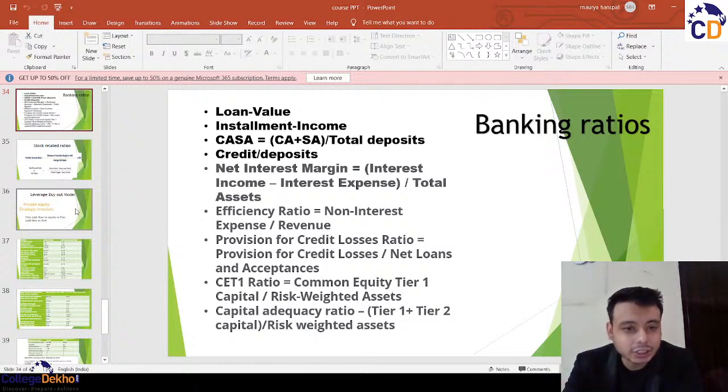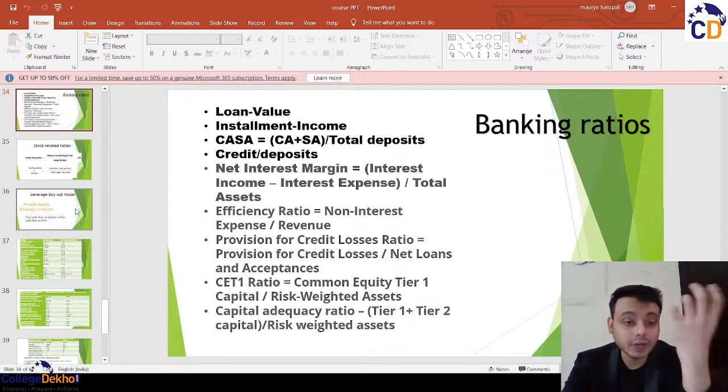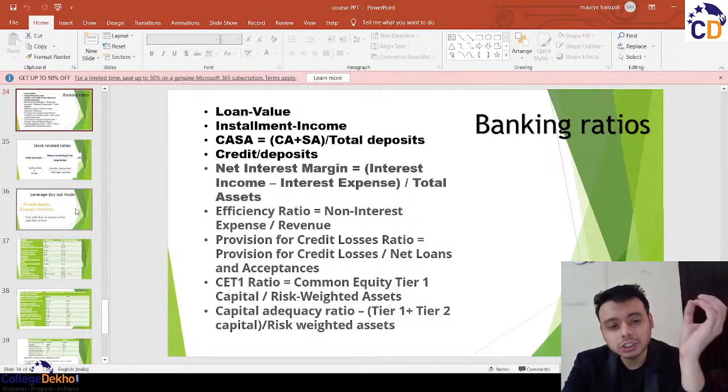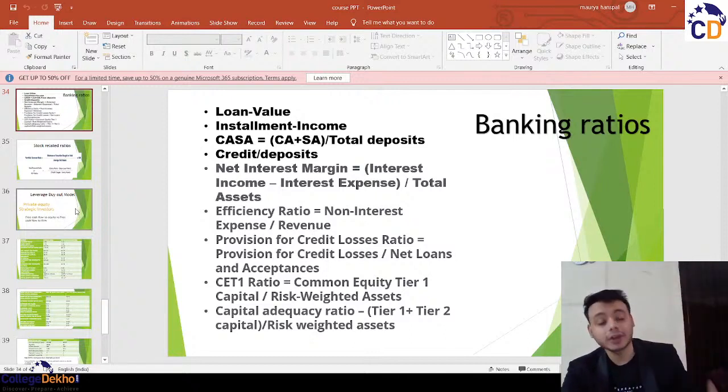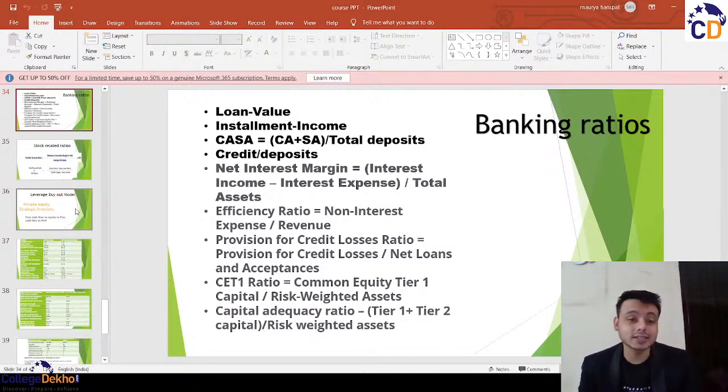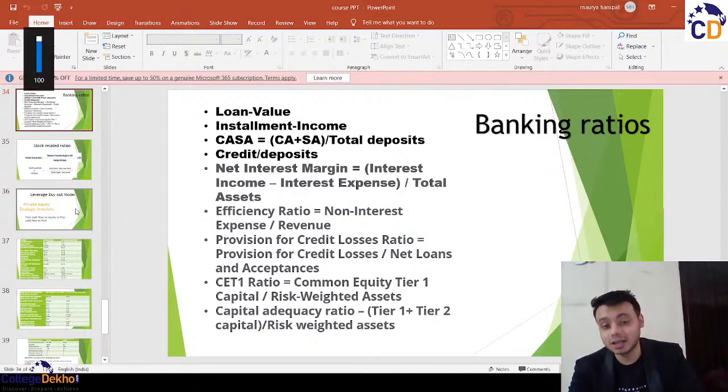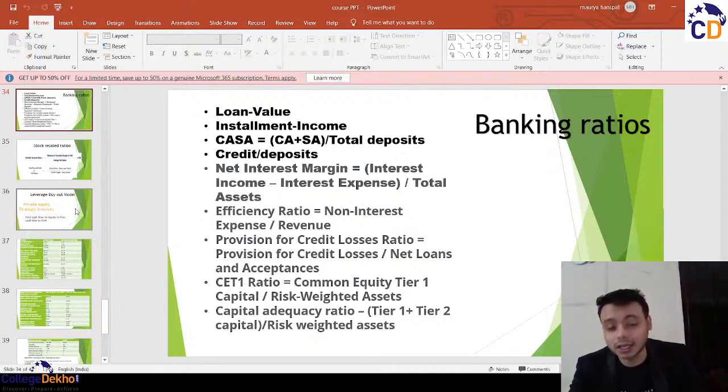In banking ratios, I told you that there are different kinds of ratios for different industries. Apart from those common ratios that we studied in financial ratios in fundamental analysis, there are more ratios as well. Those common ratios would be used for all the industries, but apart from those, you have additional ratios, as we covered in the banking sector.